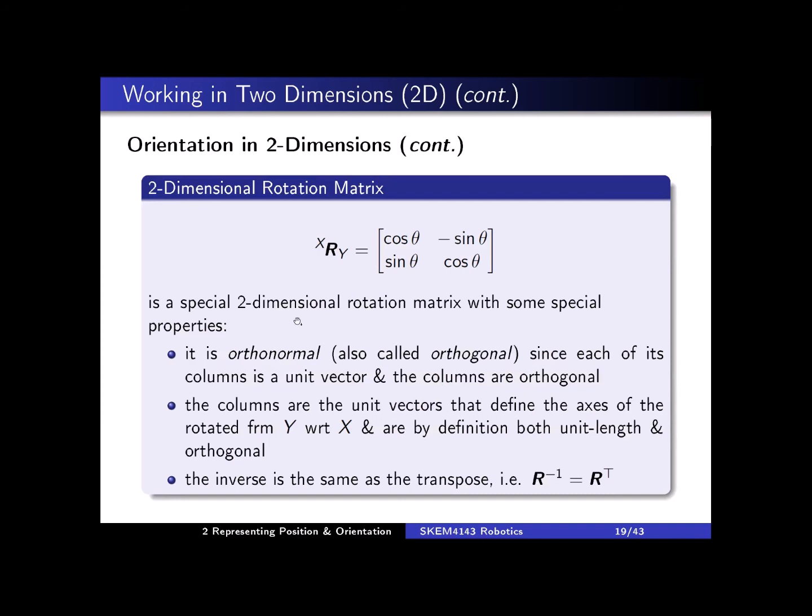It's a special two-dimensional rotation matrix with some special properties. It is orthonormal, which means the columns are unit vectors, and the columns are orthogonal, perpendicular to each other.